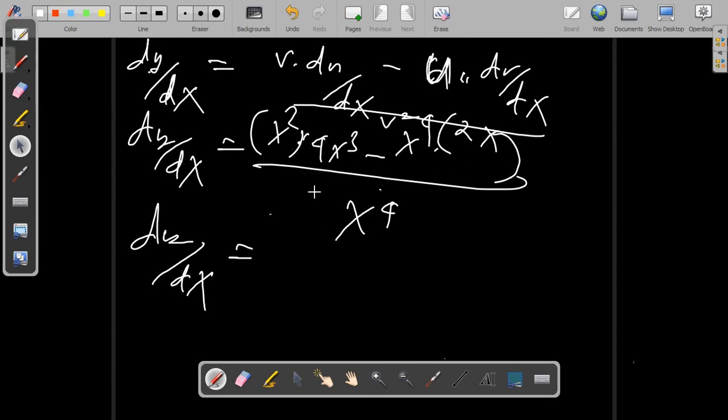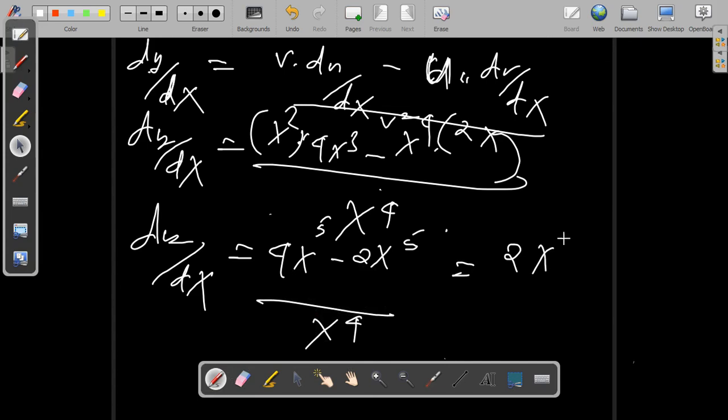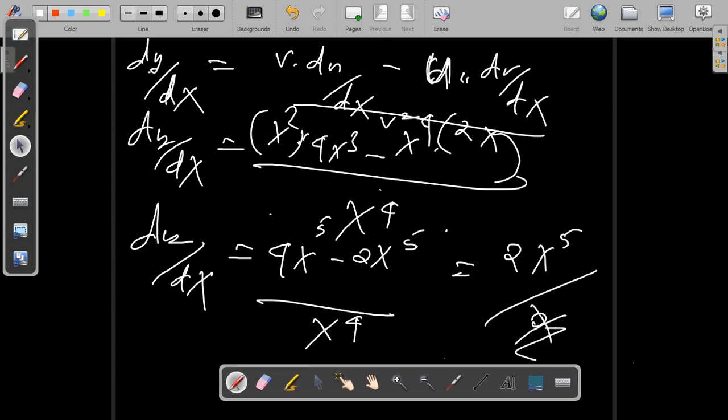That will give you 4x^5 minus 2x^5 over x^4. This actually gives you 2x^4 over x^4 if you simplify that.